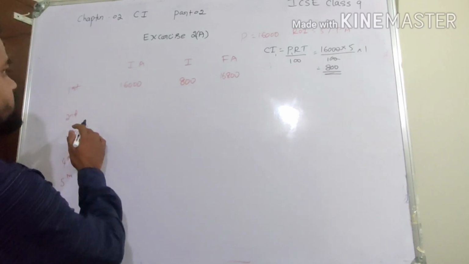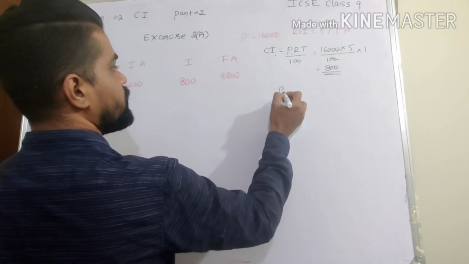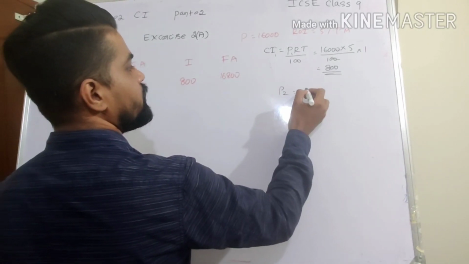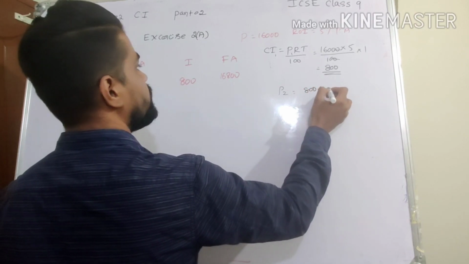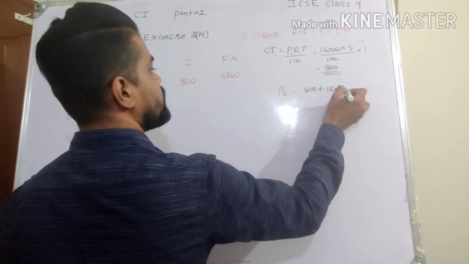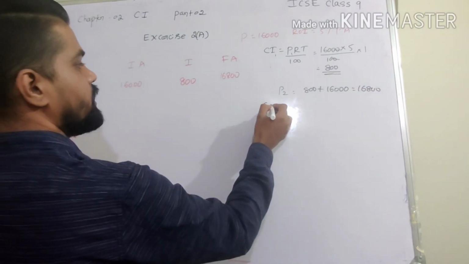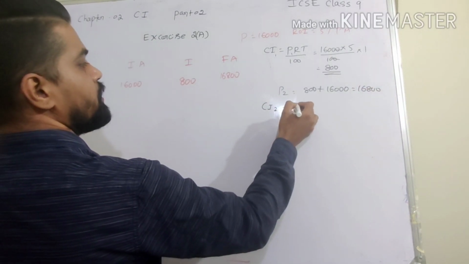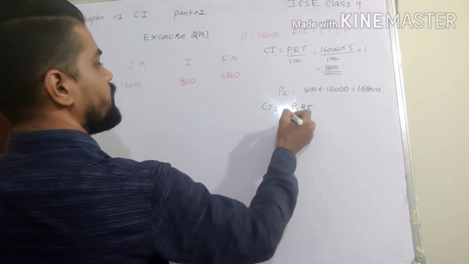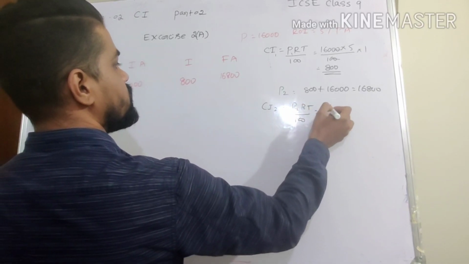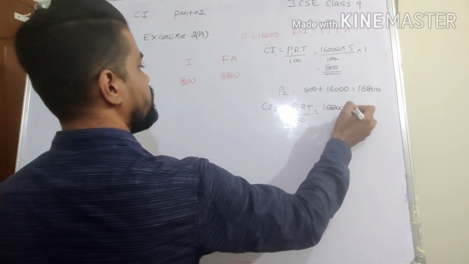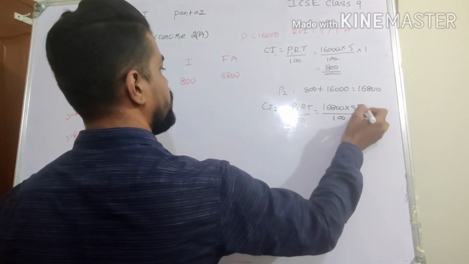Now for the second year, the initial amount will be P2. P2 is 800 plus P1, which is 16,000, that is 16,800. Our second year's compound interest will be P2 R T by 100, which is 16,800 into 5 by 100 into 1.